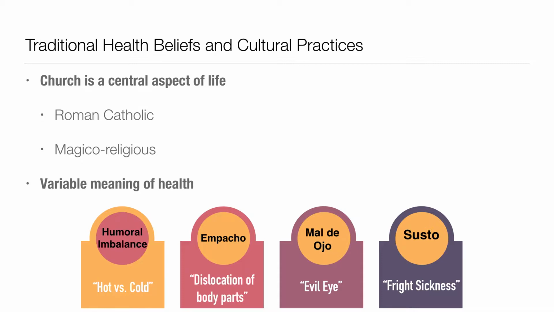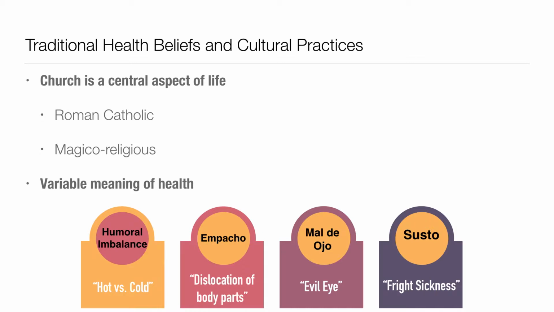Aspects of hot states include hypertension, pregnancy, acid reflux, and diabetes. Cold states include menstrual cramps, colic, or pneumonia. To correct an imbalance, people consume foods or herbs with the opposite quality. For example, cold conditions are treated with hot medications.